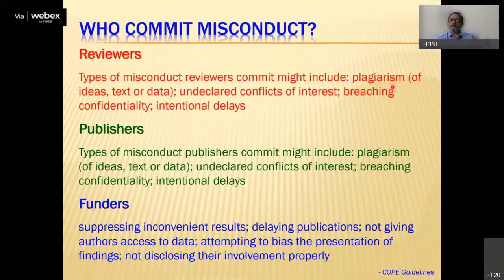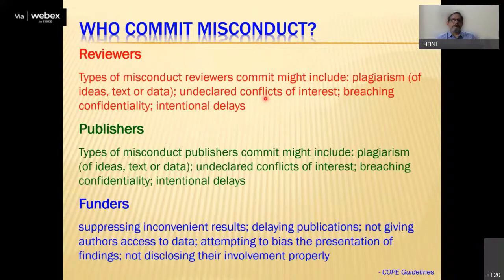If they happen to be doing exactly a similar problem, they may simply steal the ideas from these papers and work on them on their own: the ideas, the text, or even the data. And reviewers also can have undeclared conflicts of interest.